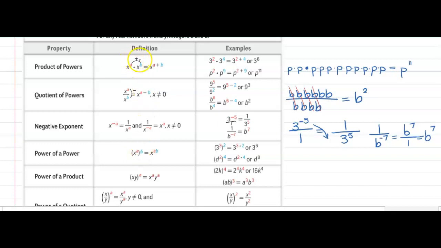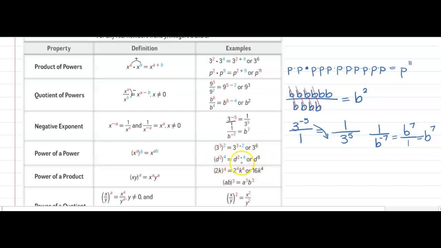Power to a power. Notice on product of powers, we were going over a multiplication sign. Here, there's no symbol. These two exponents are practically touching one another, and when numbers touch, that means multiply. So power of a power just means to multiply those numbers. D squared to the 4th is the same as D to the 2 times 4, or D to the 8th.